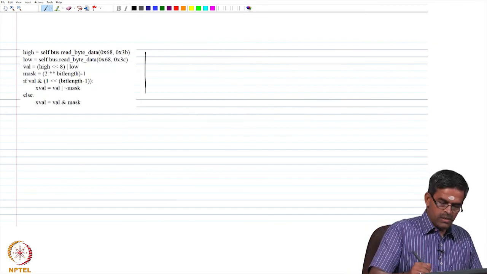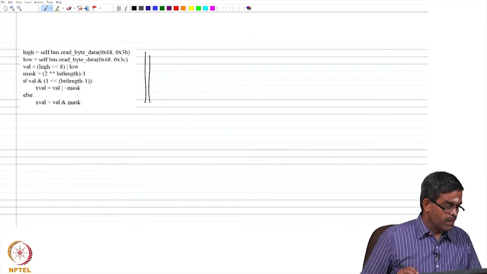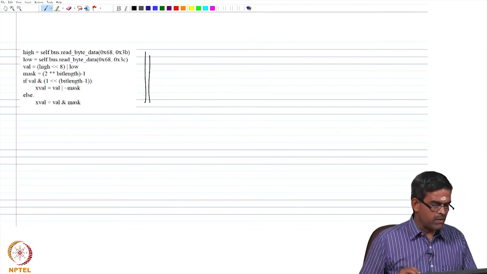One can see this is the code used for reading the abscissa value for the acceleration output. Okay.